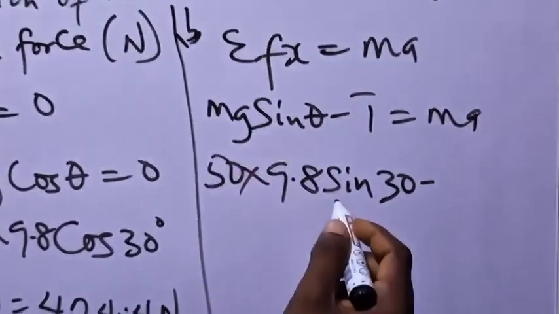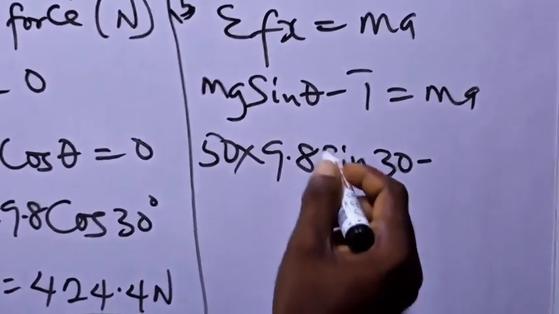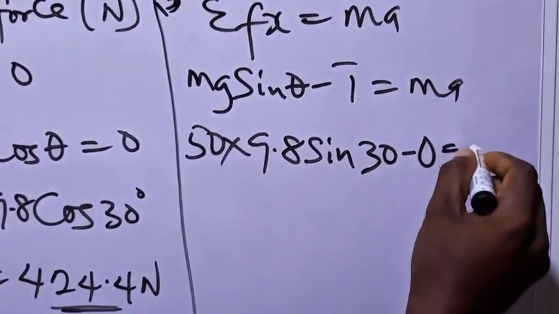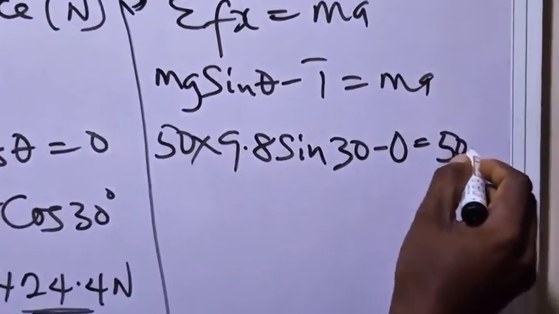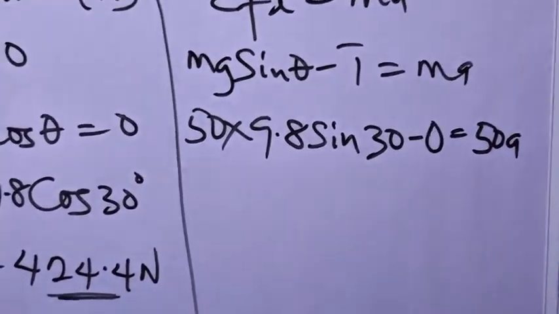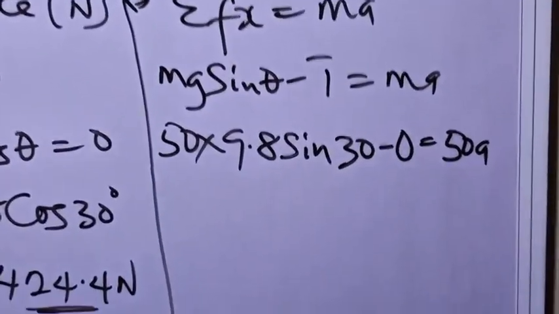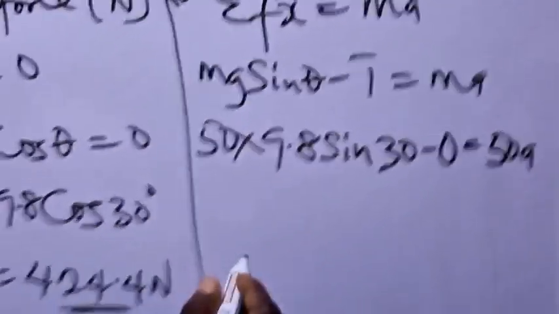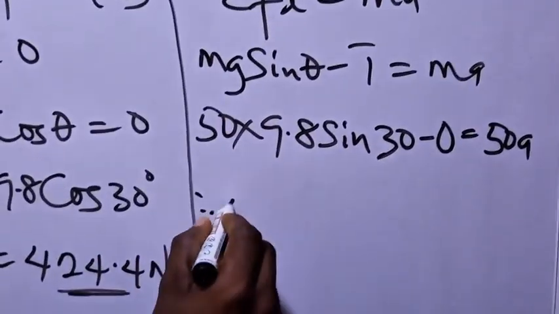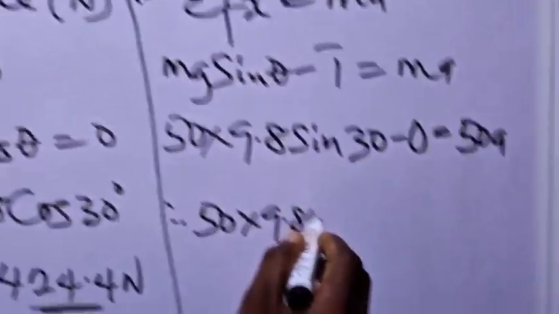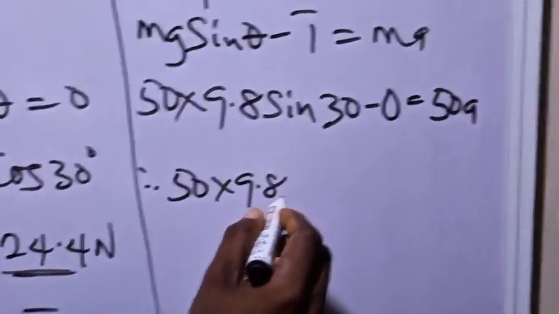Since the string has been cut off, there is no tension again, so tension will be 0, equals to the mass 50 times acceleration. We have to look for the acceleration.